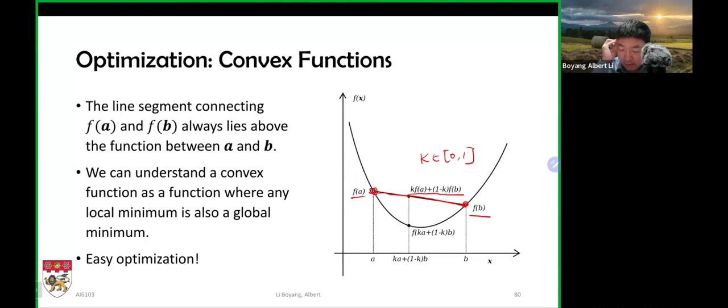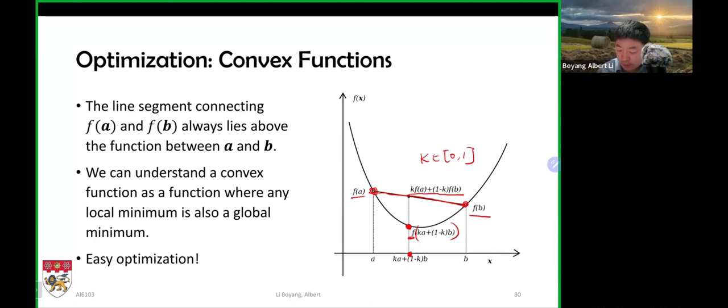Okay, so if you have this particular line segment, and you look at the function values between a and b, which is to say f(ka plus (1 minus k) times b), and that's this value, the corresponding function value is the red dot on this curve.